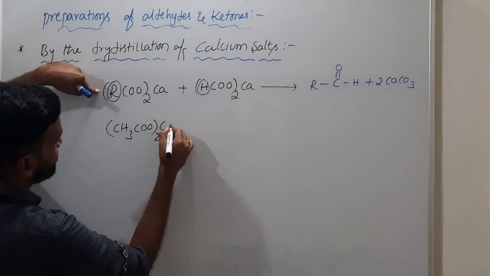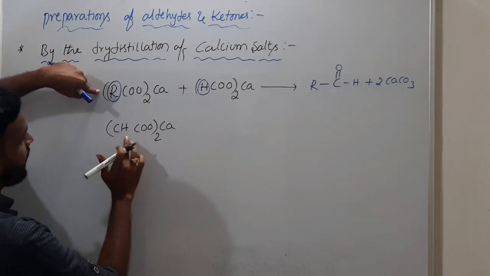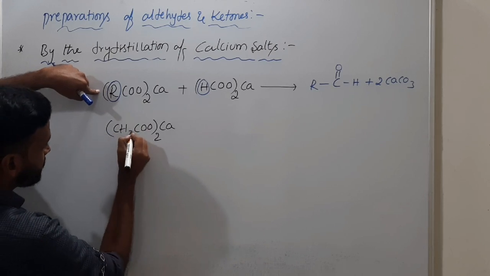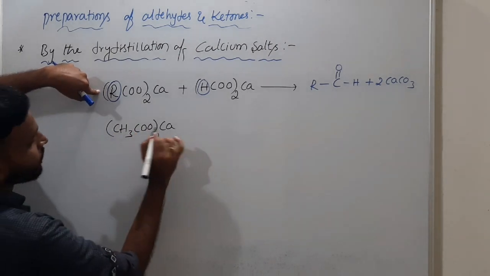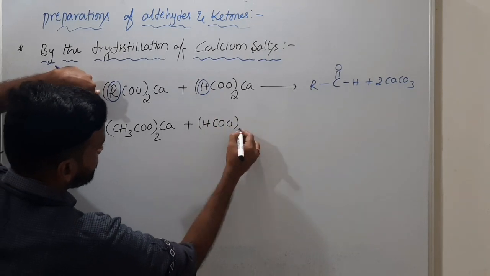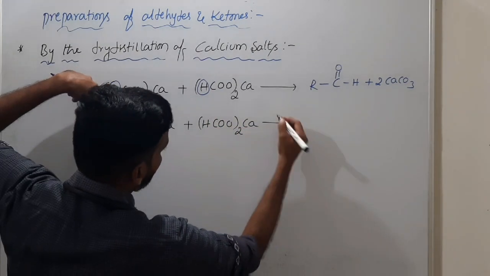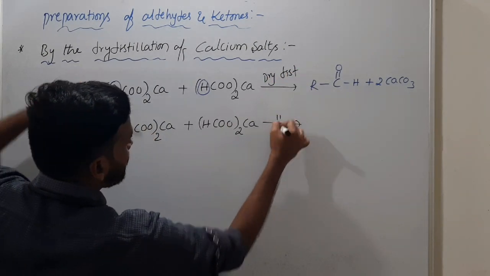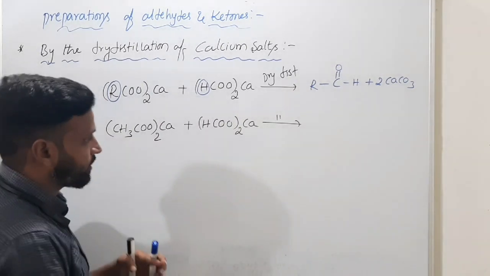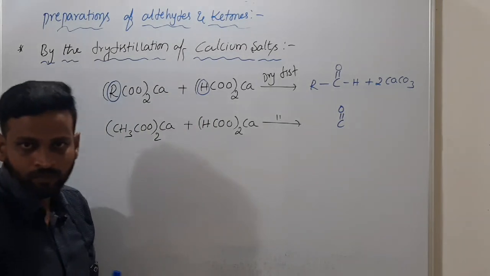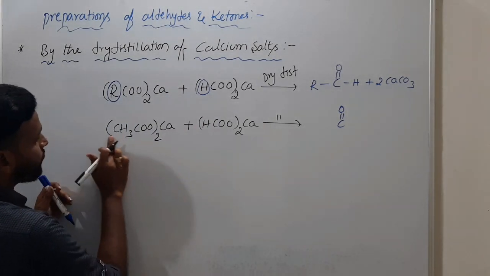With the same kind of reaction I will give like this: (CH3COO) twice Ca plus (HCOO) twice Ca. Now on dry distillation, what is the product here? Very simple. First you write down C double bond O. And what groups do you have here?